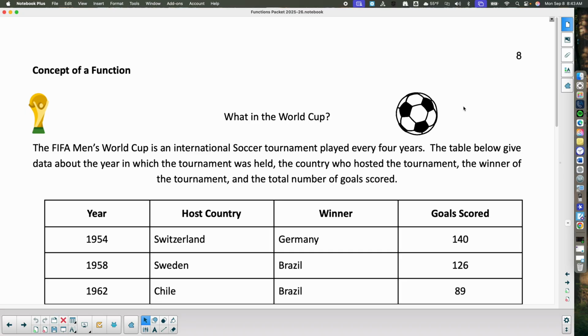Computers are fully built on functions. All the programming they do to make computer stuff is built on functions. Do any of your parents have old classic computers? Yeah? Oh, perfect. Before Windows and Mac OS, there were no pictures.